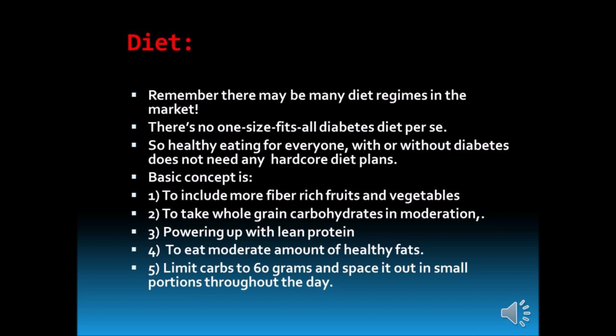The basic concept is to include more fiber-rich fruits and vegetables, to take whole grain carbohydrates in moderation, powering up with lean protein, to eat a moderate amount of healthy fats, limit carbs to 60 grams and space it out in small portions throughout the day.